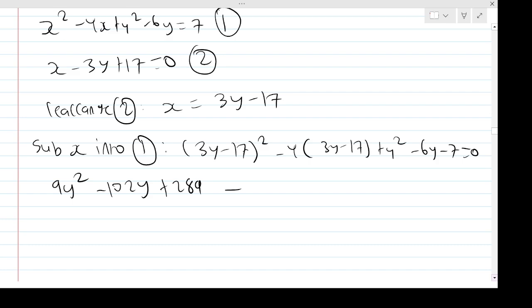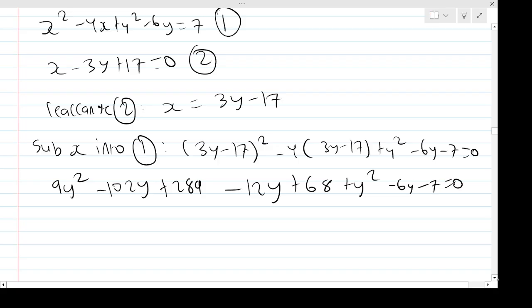Then I expand the next bit, which is a lot simpler: minus 4 times 3y is minus 12y, and minus 4 times minus 17 gets me plus 68. And then we have y squared, take away 6y, minus 7 equals 0.